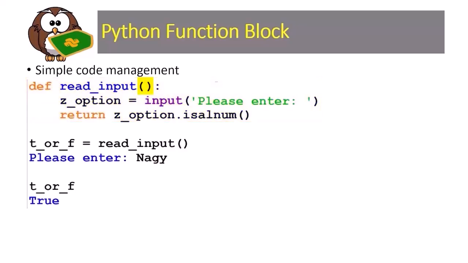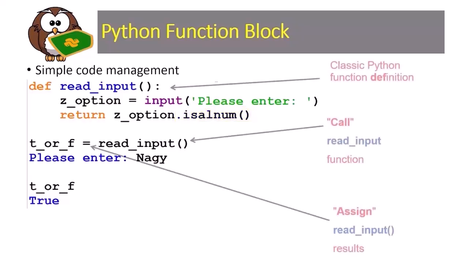And if we don't have parameters, of course, for the input function, it's always nice to provide a string so people know what we're expecting them to do. And because input always returns a string, we know that we can use the string's isalnum function, so as to see if every character in the string is alphanumeric.